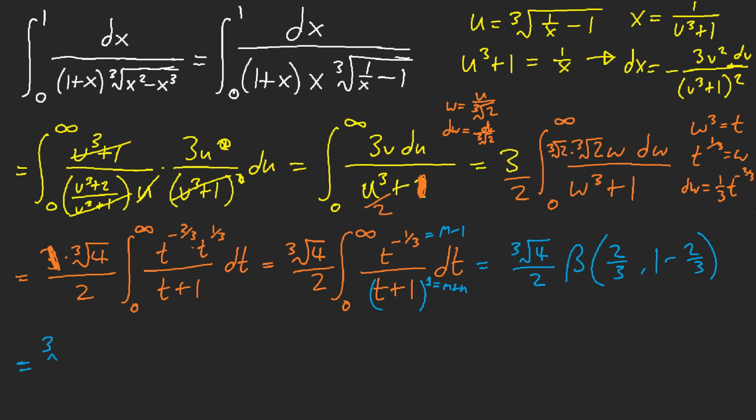So we get cube root of 4 over 2, and from Euler's reflection, pi cosecant of pi x. What is x? 2/3. We can actually simplify this a lot further. This is pi over cube root of 2. And then here, cosecant of 2 pi over 3 is what? 2 over root 3.